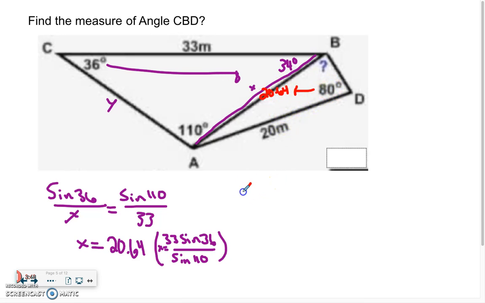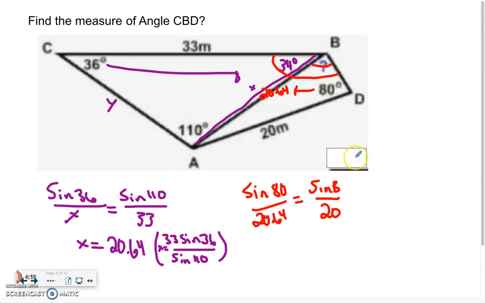So we can now go sine of 80 over 20.64 is equal to, and since we're trying to find this whole angle B, I'm going to find this little one inside first. So we're going to say sine of B divided by 20.